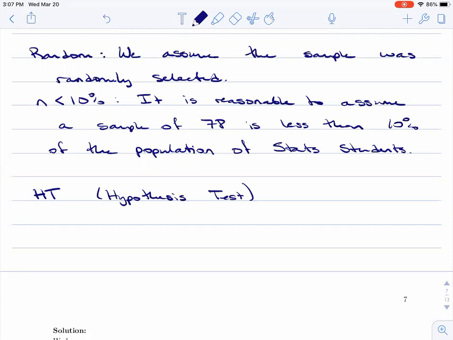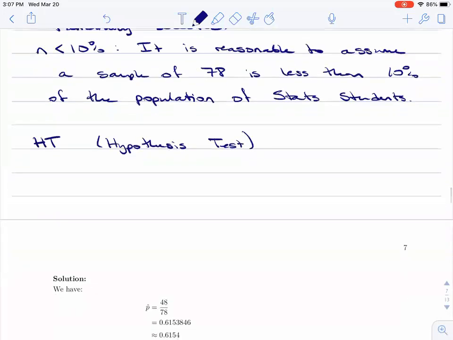That's how I shorthand those. But a hypothesis test is what we're about to do. There's no mention of a confidence interval, so we're not going to check the confidence interval's assumptions for this one. Later on when we do one, of course we will. But we have to check that n times p naught, which is 78 times 0.25, which I remember was 19.5, is still more than 10, surprise.